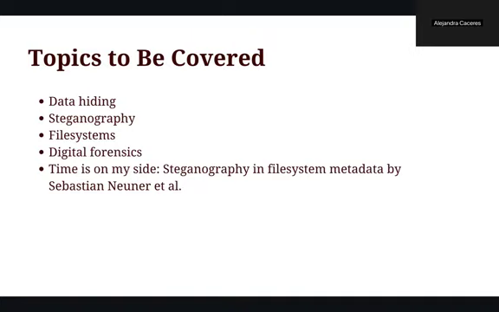As I mentioned before, we're gonna learn about what it is, how can we apply it, and some file system metadata and digital forensics. And finally, I will also discuss briefly the article Time is on my side, Steganography in File System Metadata by Sebastian Neuter and some other colleagues. And I'll be discussing their proposal.